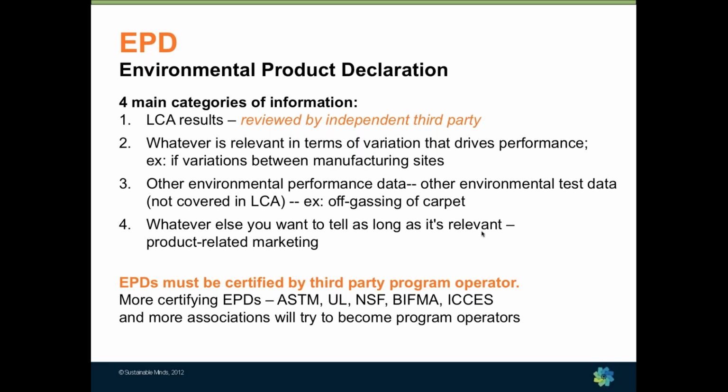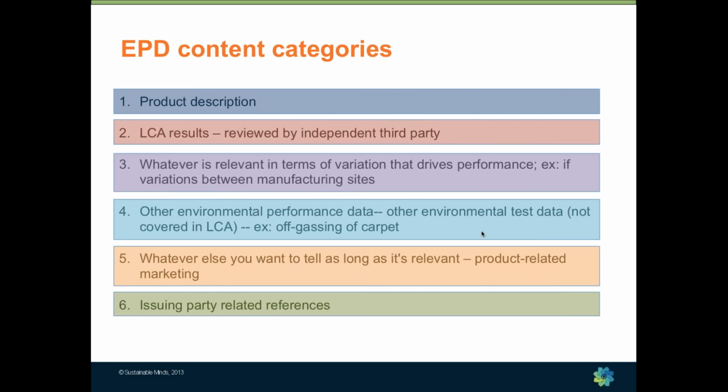And so in 14025, there's a couple of pages that gets more specific. So what we did is we created kind of an analysis tool and created this color coding, broke it down a little bit more. So again, taking the language from 14025, it requires a product description, LCA results, relevant in terms of variation, other environmental performance, whatever else you want to tell, and issuing party-related references.